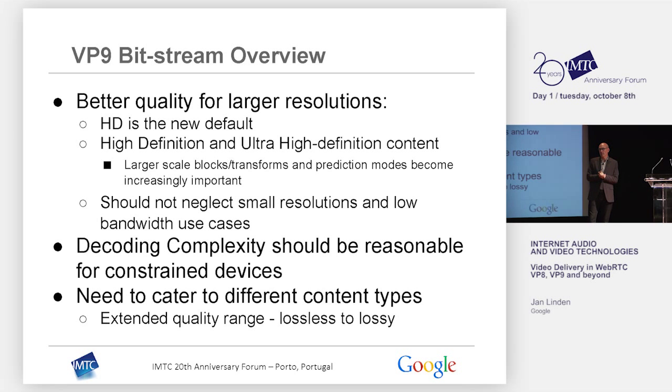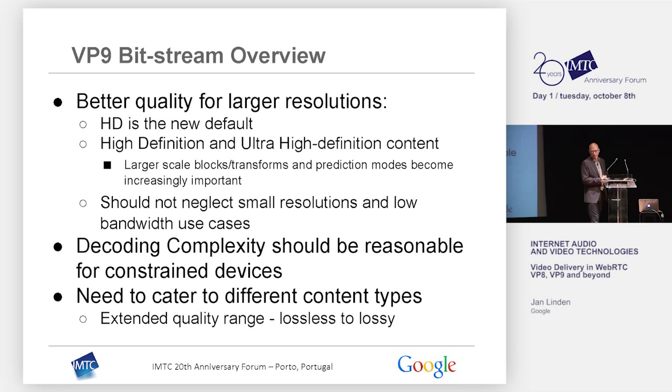The main difference compared to VP8 is the focus on quality for larger resolutions. Since HD is basically the new default, that's what everybody expects. We need to be able to handle that and 4K and whatever comes after. At the same time, we do it with a very reasonable decoding complexity, not increasing that too much, while still making significant bandwidth savings.